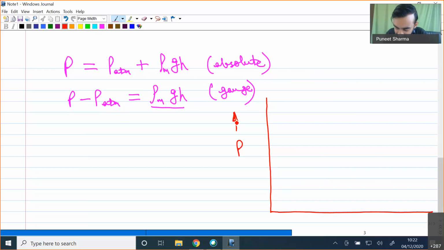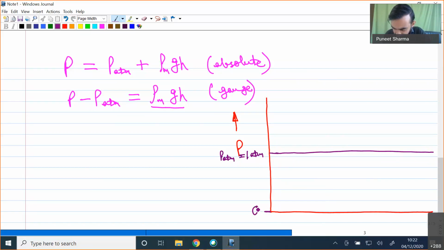And let us consider that the line I am drawing corresponds to 1 atmospheric pressure. So if this is 1 atm, this is our P atm, and the value of P atm is 101.325 kilopascals.